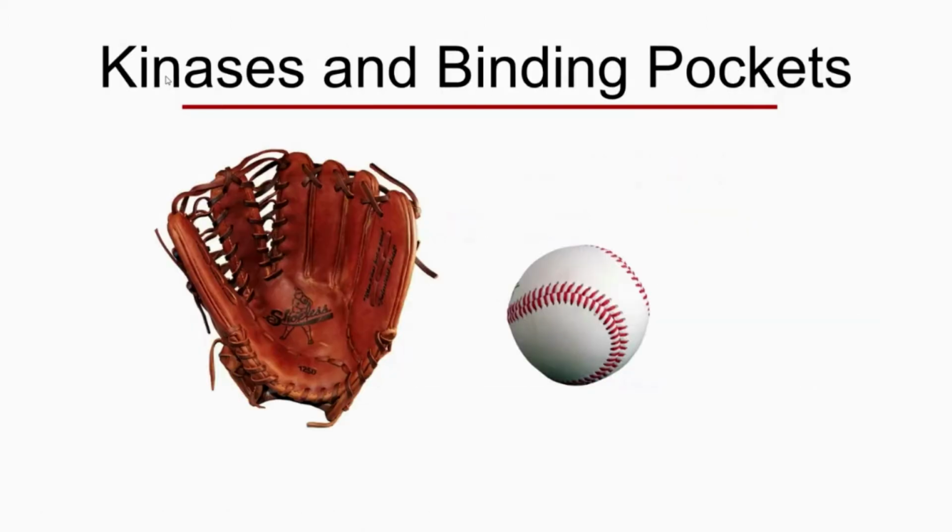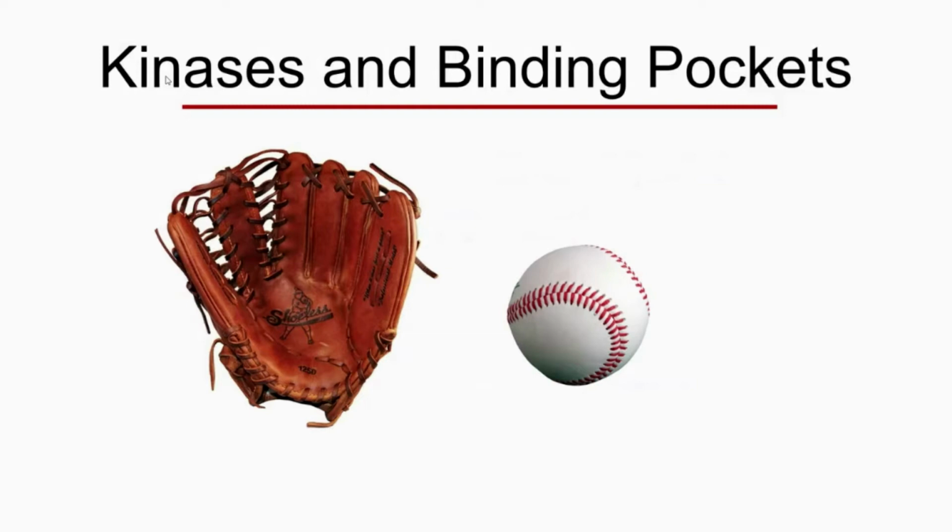The analogy I like to use in clinic is that of a baseball mitt and a ball. Essentially, if we think of this image here as the normal EGFR receptor, the ball fits right in the glove. Each type of mutation can create a different pocket.